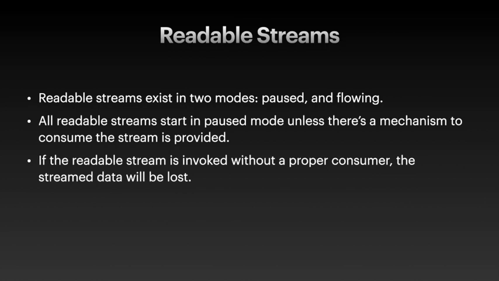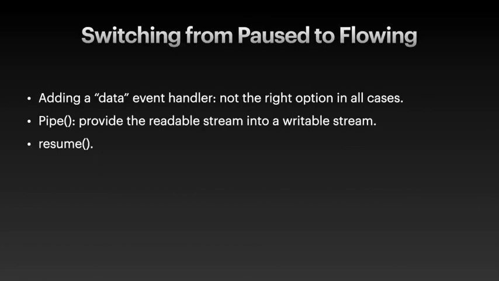Once we provide a proper consumer, then it's going to go into the flowing mode. If we start this readable stream without actually giving a proper consumer, the data will be lost.